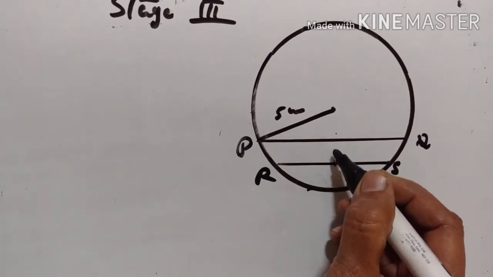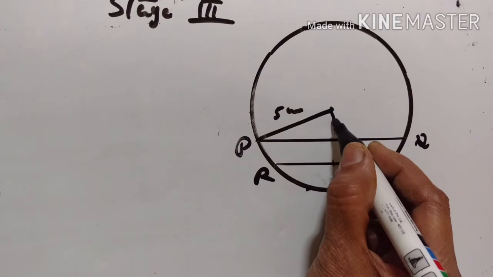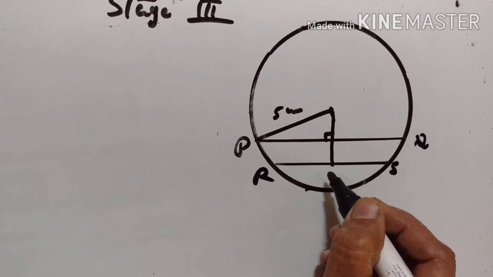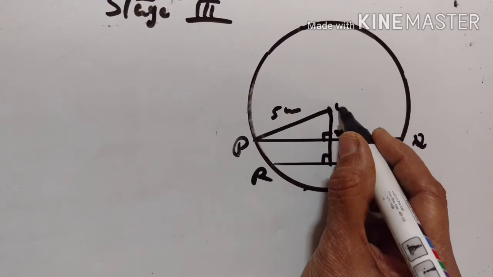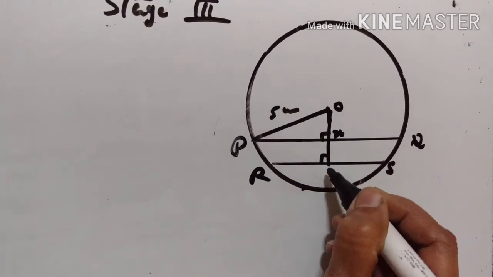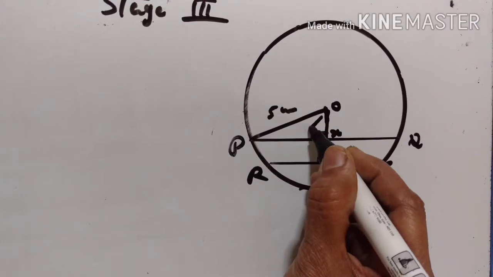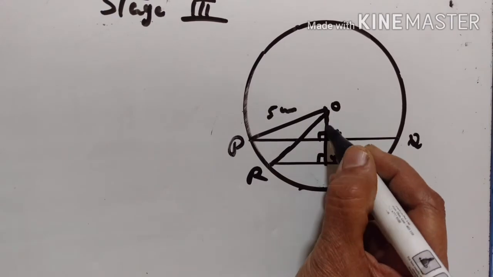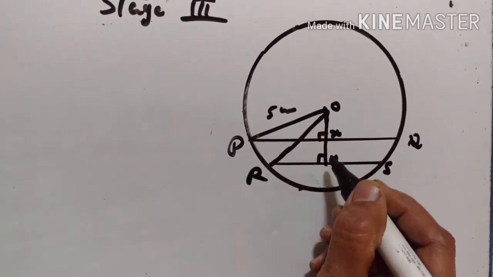Let us find the distance between them when they are on the same side of the center first. The perpendicular from the center to the chord bisects the chord. Let the perpendicular from the center O intersect chord PQ at X and chord RS at Y. The perpendicular bisects the chord means PX is equal to QX, RY is equal to SY.